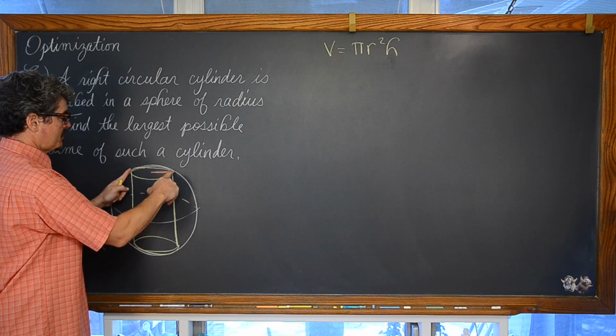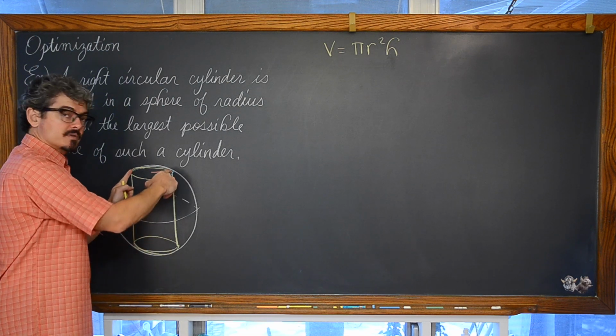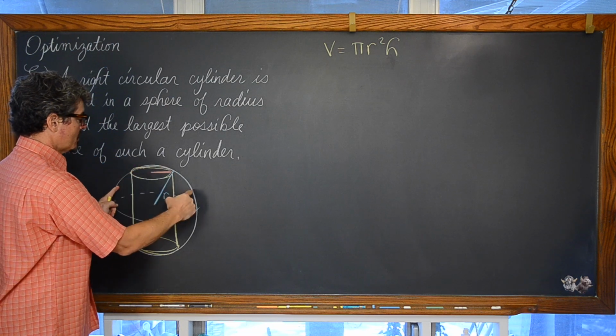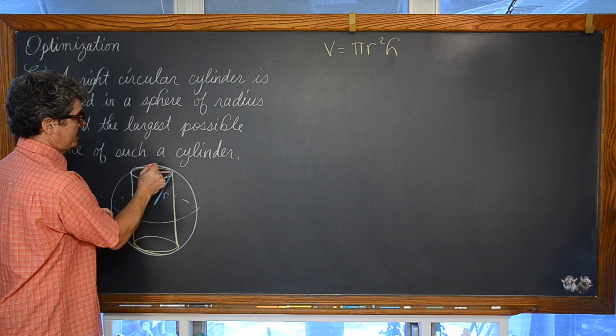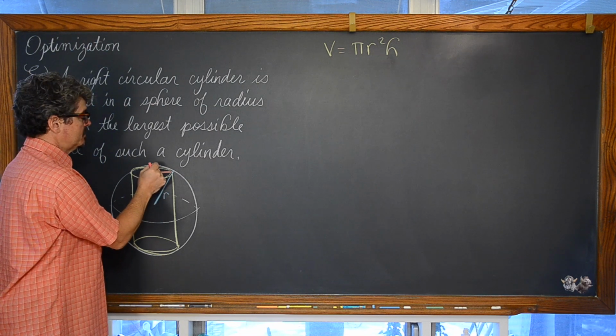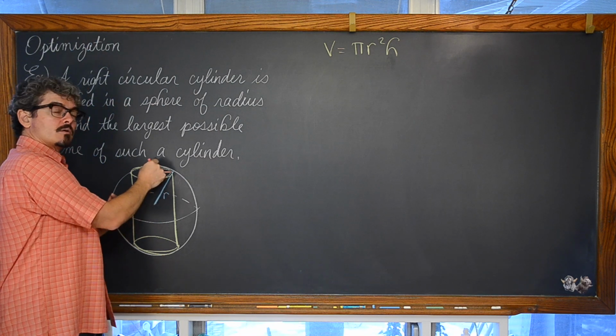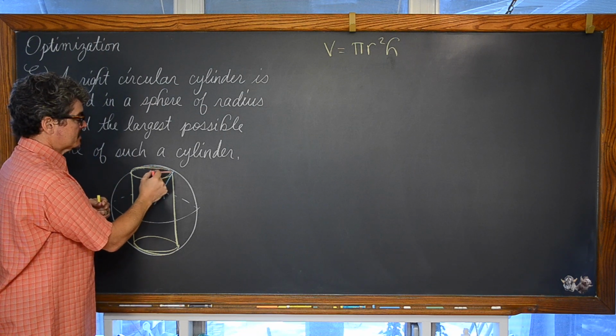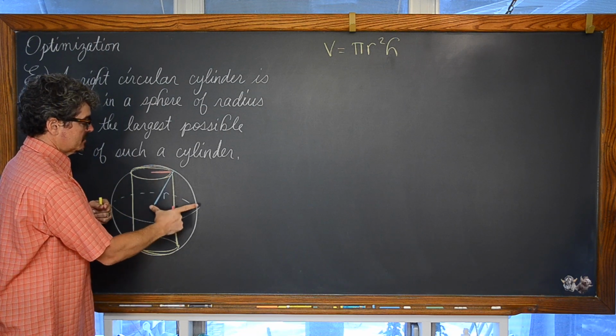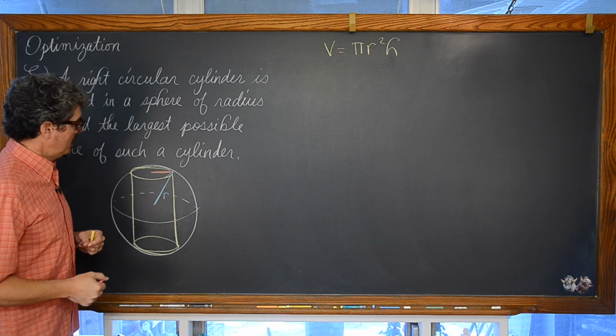Whether I draw the top and the bottom of the cylinder here, or here, or here, that horizontal distance will change, from potentially down to a theoretical radius of 0, but not including 0, and it can go out to as much as the radius of the sphere.